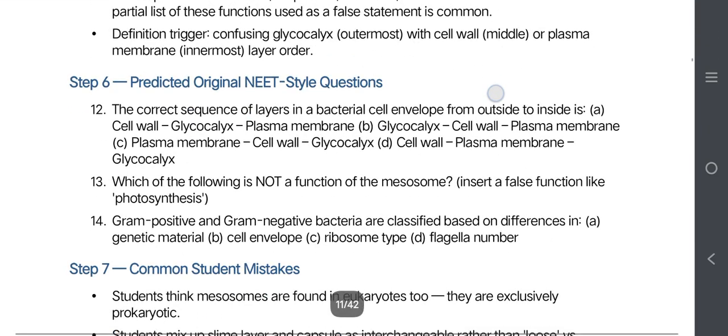Those are the functions done by mesosome. If the examiner wants to make a false statement, he will insert one small option like photosynthesis, which is false for mesosome.